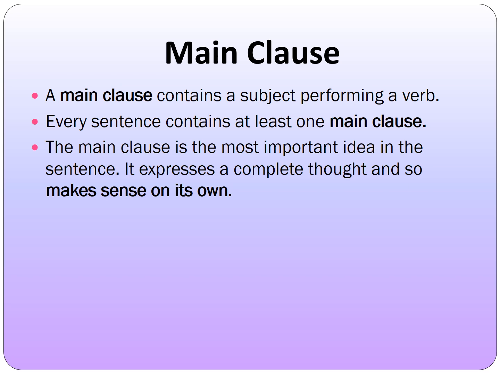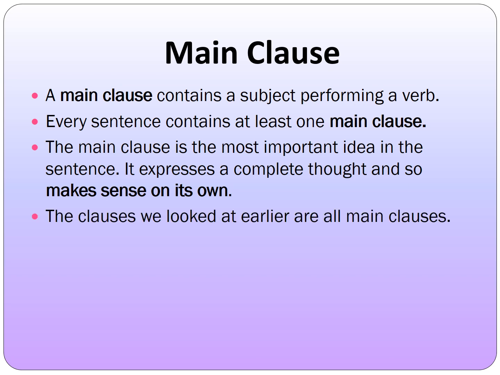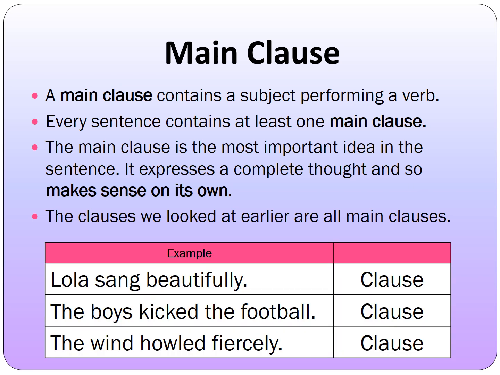It expresses a complete thought, so it makes sense on its own. All of the ones on the previous slide were main clauses. Lola sang beautifully. The boys kicked the football. The wind howled fiercely. They all make sense on their own. They all give the most important information.